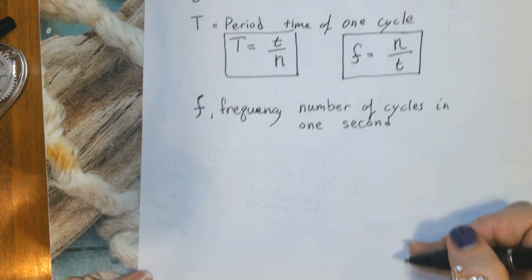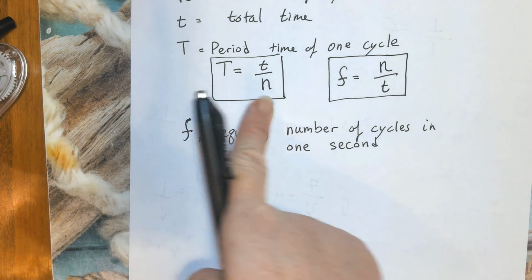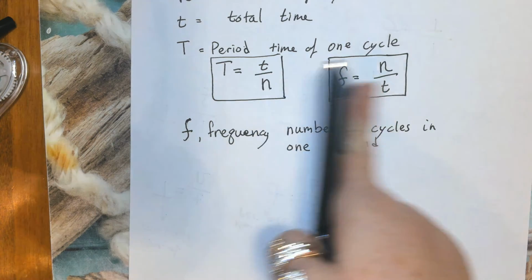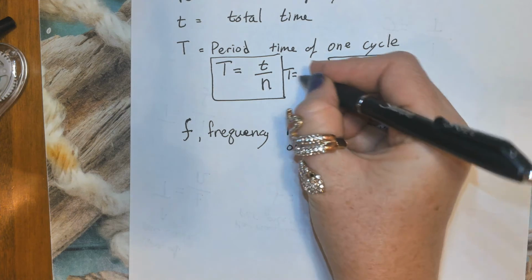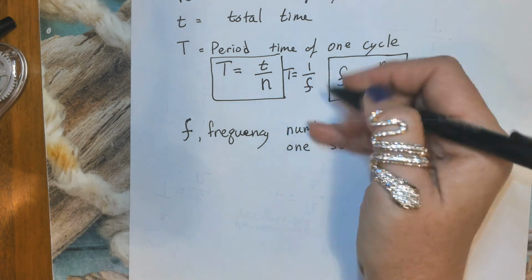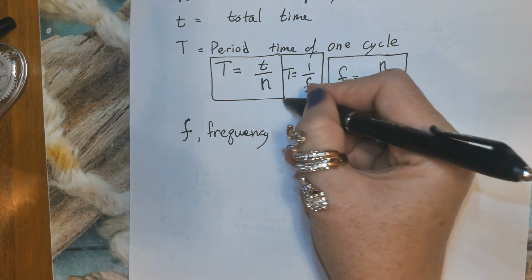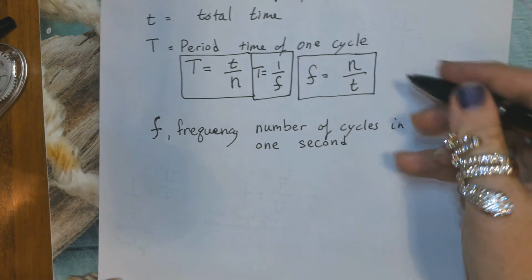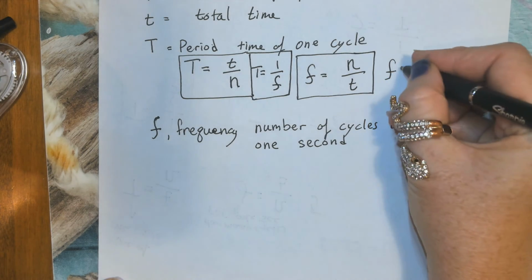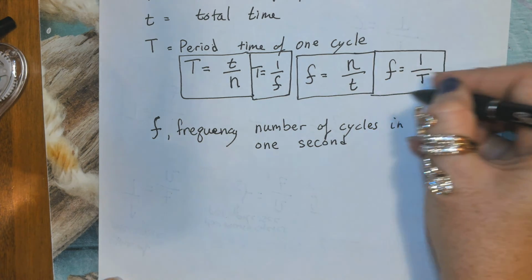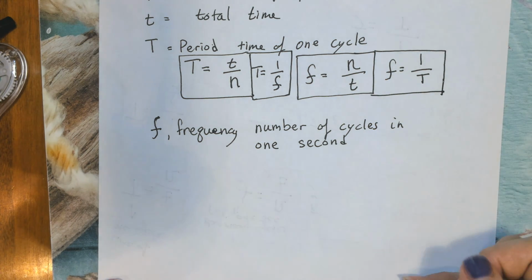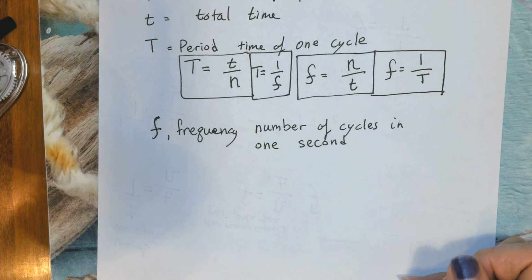We also saw that period and frequency are reciprocals. So we can write another equation. Period equals the inverse of frequency, which means 1 divided by frequency. And frequency equals the inverse of period, 1 over T. Please be ready to use these equations on the quiz.